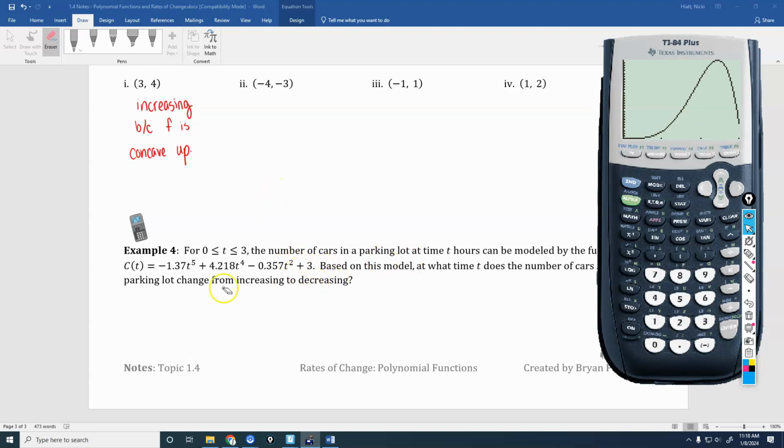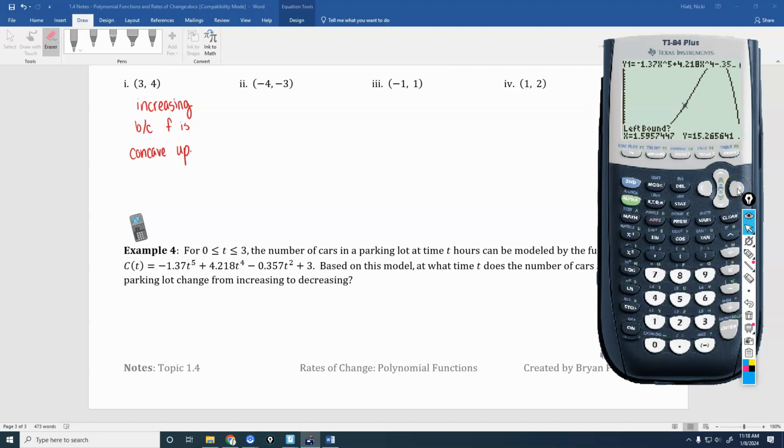And I want to know when my number of cars in the parking lot switches from increasing to decreasing. Which feature of the graph does that happen at? Where it starts to go down, that maximum point that I see right there, right? So on the calculator, that's going to be second trace. I'm going to pick number 4, which is maximum.